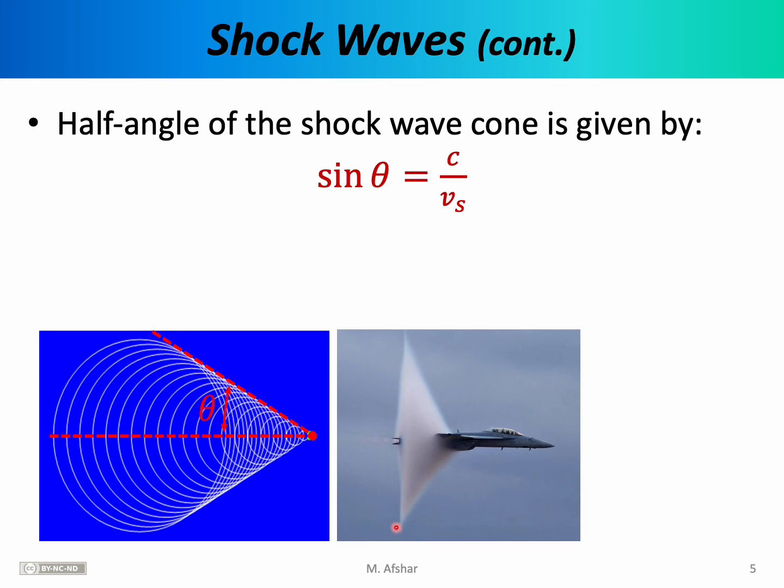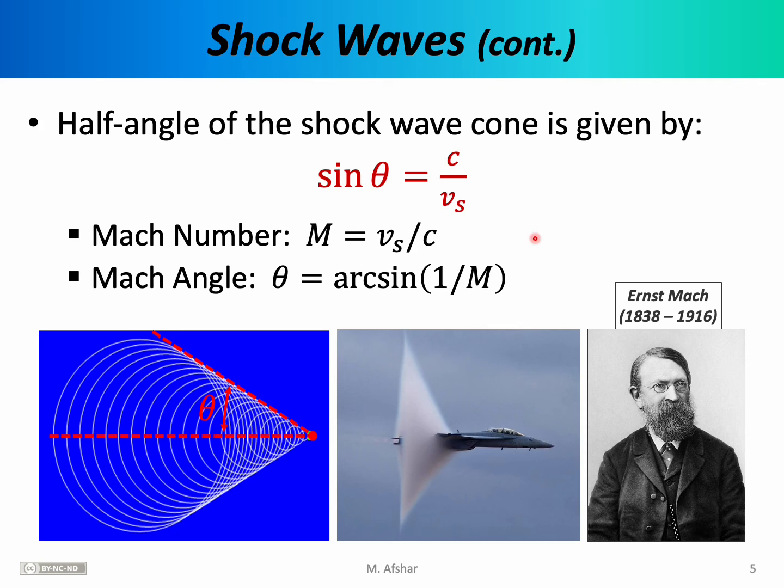The formation of a vapor cone by itself does not necessarily indicate supersonic speeds. So a vapor cone can also form when the aircraft is traveling slower than the speed of sound. However, the shape of the vapor cone indicates the shape of the cone that we've been discussing here. The half angle of this cone can be calculated using this formula.